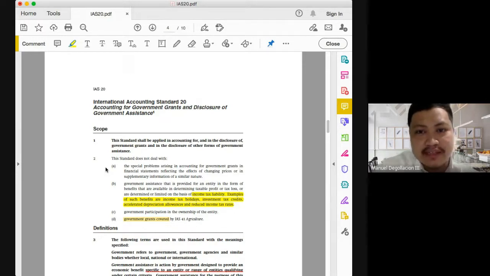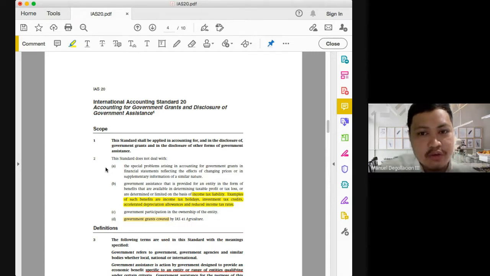Okay, so you can think of government assistance as a broader concept, and government assistance can be classified as a government grant. Okay, but please understand that not all government assistance will be considered as government grants. Okay, so all government grants are a form of government assistance, but not all government assistance will be considered as a government grant.